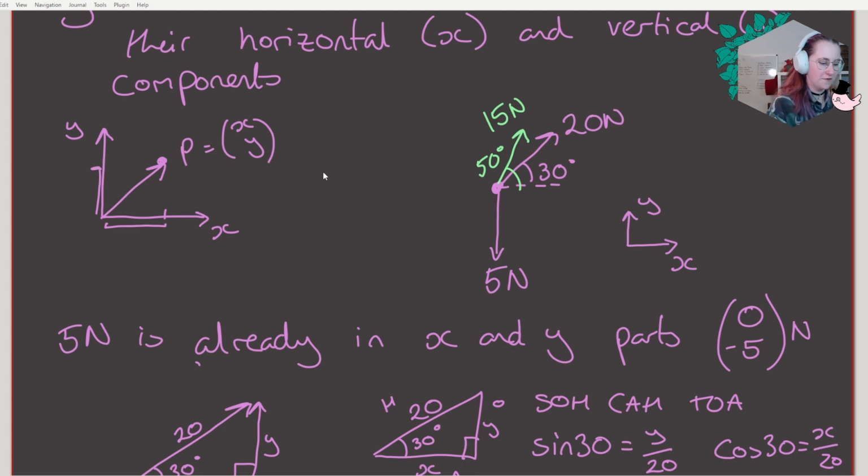Yeah, so that feels weird because it's not in between the two angles that were originally drawn. But if you remember, we broke that 20 into a vertical and a horizontal. So you had a lot of forces working in the vertical, and then you had some force working in the horizontal.